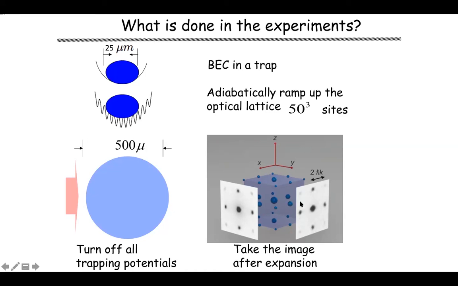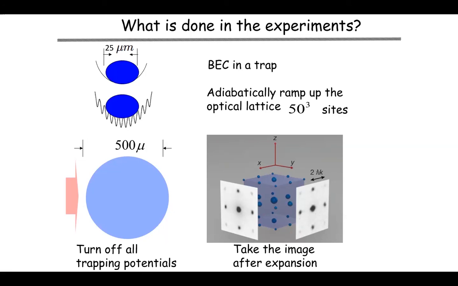The darker they are, the more atoms have hit at those spots. And in a way, this real space image can be converted into momenta, because this is something you would have seen if you did some solid state physics, just like light scattering from a crystal.